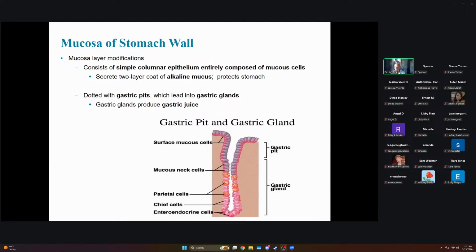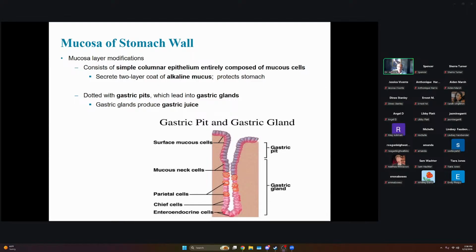One layer of columnar-shaped epithelial tissue. And if you remember, what's really unique about simple columnar epithelial cells and tissue is they contain goblet cells. Goblet cells create and then secrete mucus.